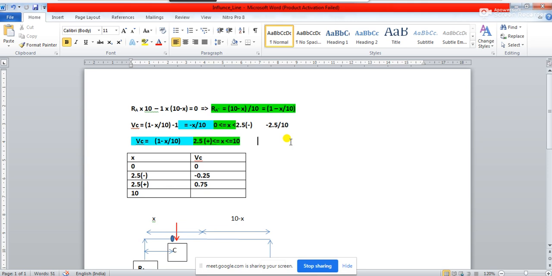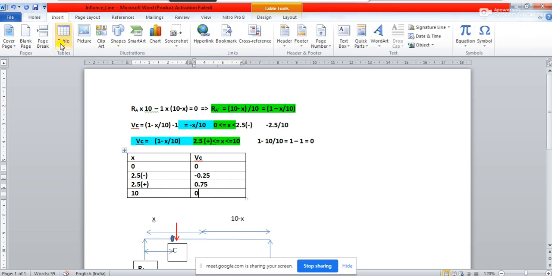So your VC value is going to be 1 minus 10 upon 10, which is 1 minus 1, equal to 0. So at x equal to 10, the value of shear force is 0. Okay, is it clear to everyone? Any doubt? Anyone? No. Okay.